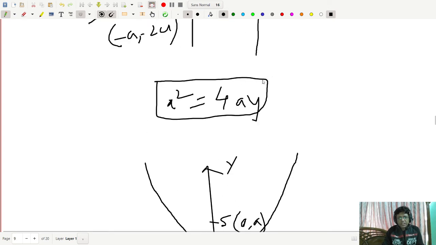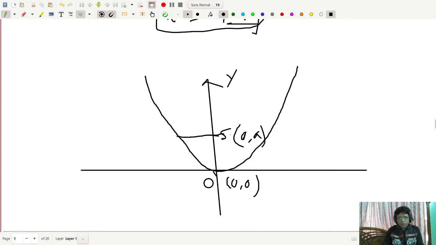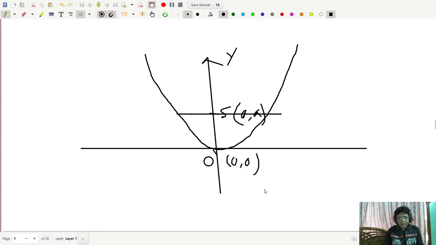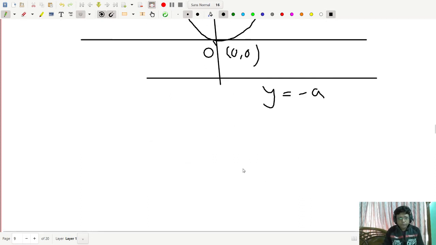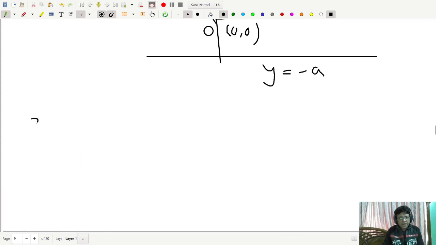Because of this a is here, and this 4a is the length of the latus rectum. So your length of the latus rectum is 4a, and your directrix is parallel to the x-axis, so y equal to minus a, right? You can draw and write all the others, no problem with that. And the last one is x square equal to minus 4ay.